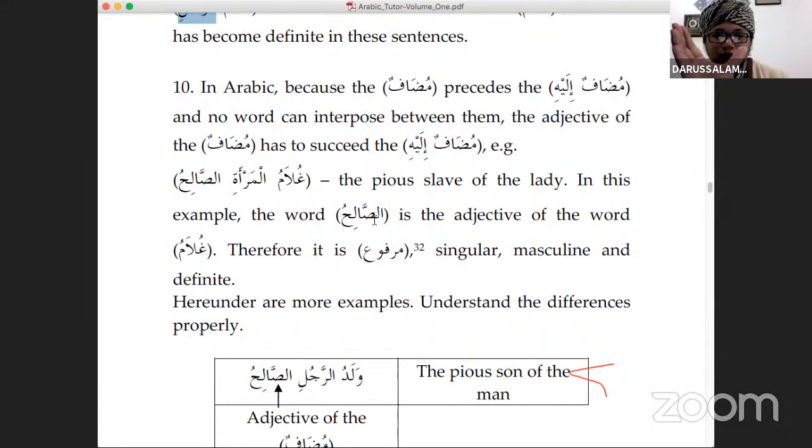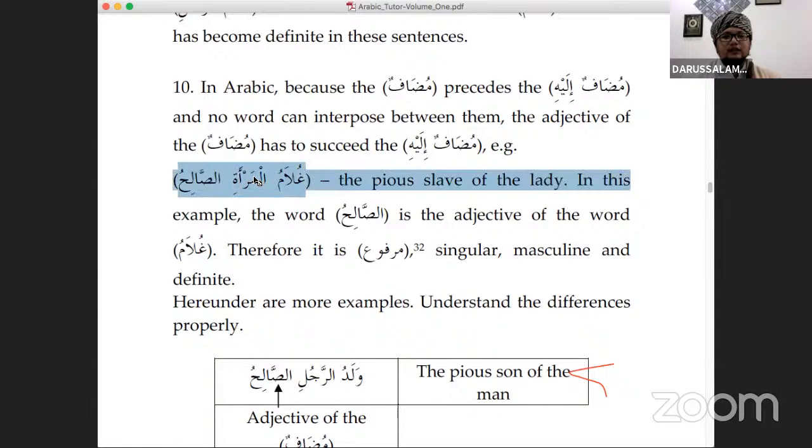Okay? So if you have, for example, a mudaf with a sifah, you want to describe the mudaf. There's a sifah of the mudaf. You cannot say, for example, ghulamus salih al-mar'ati. You cannot say that. Why? Because you must have the mudaf ilayh immediately next to the mudaf. So for example here, ghulam is the mudaf.